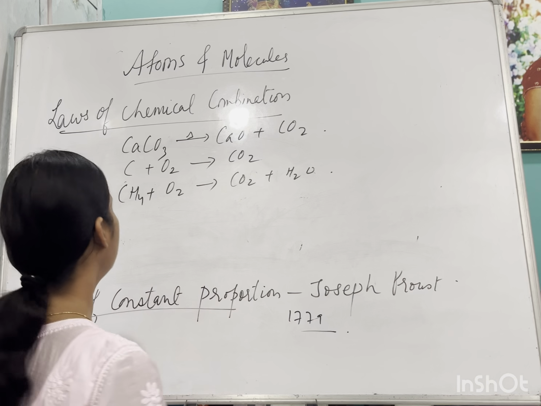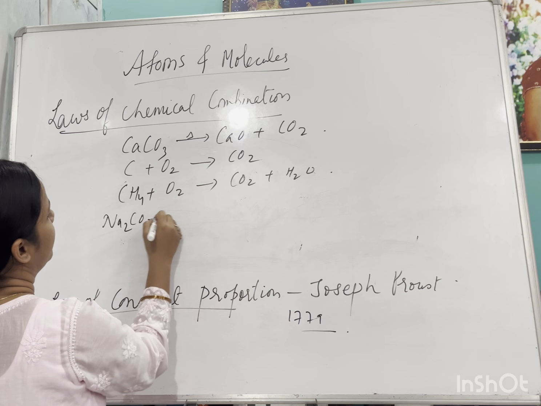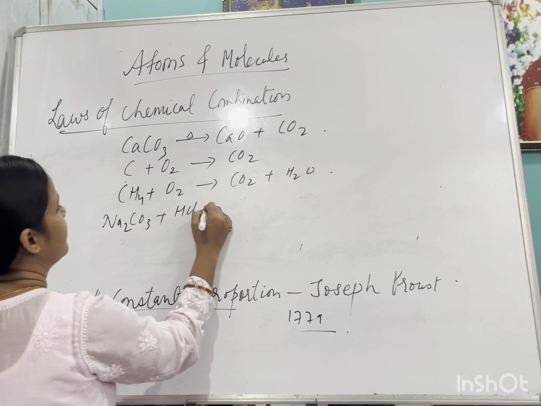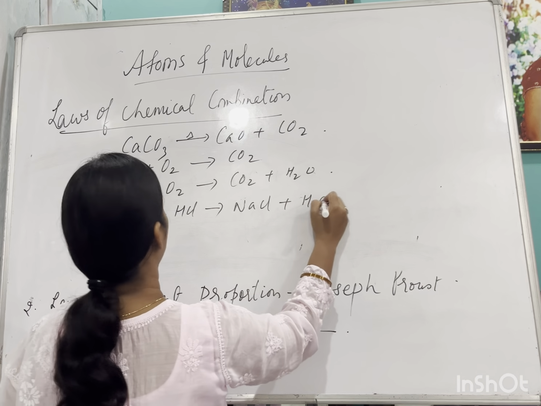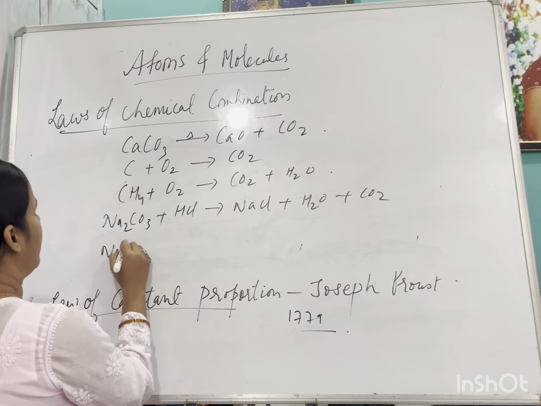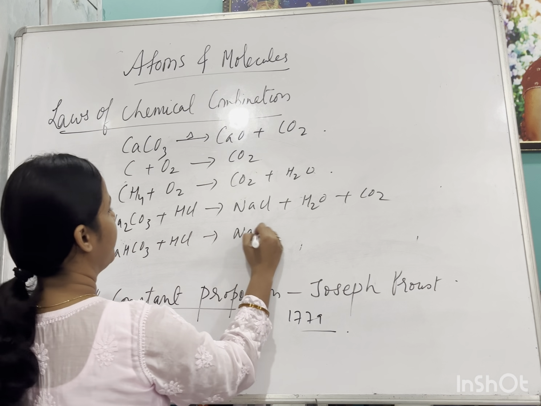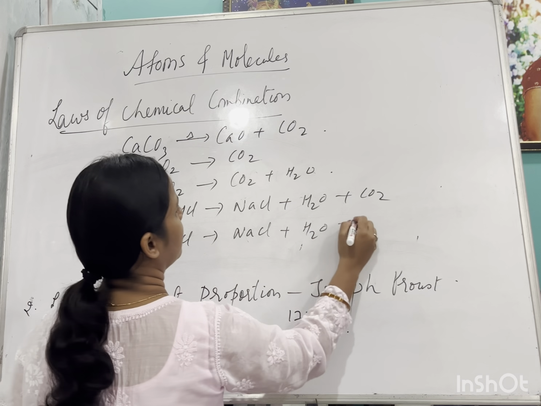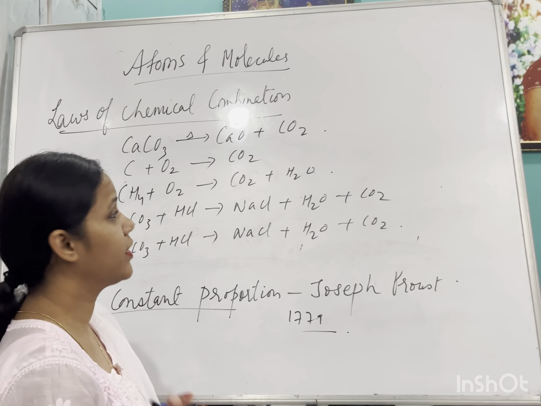If a metal carbonate, for example Na2CO3, reacts with an acid, it will give you NaCl plus H2O plus CO2. Another example, if a hydrogen carbonate reacts with an acid, it will give carbon dioxide. So, what does this mean?